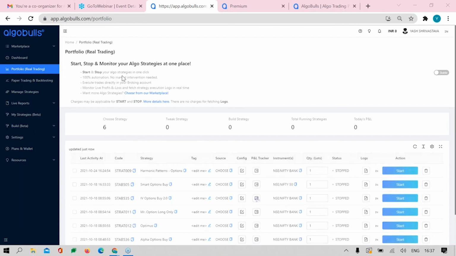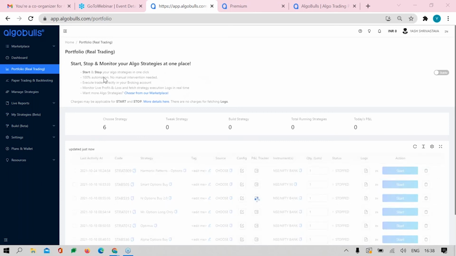The harmonic strategy works on certain instruments with higher volatility and higher liquidity. Depending on certain parameters, it might even work on options, and currently it is working on Bank Nifty options itself. To use our platform, you can log on to www.aliceblue.algobulls.com.